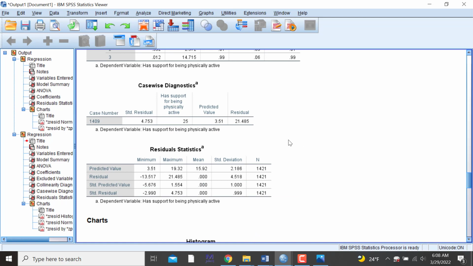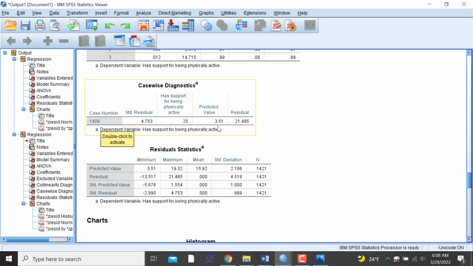Here, in terms of standardized residual, see case 1409. So this is individual 1409. It has a standardized residual of 4.753. So that's really big. It has 25 for physical activity support, whereas the predicted value is 3.51.